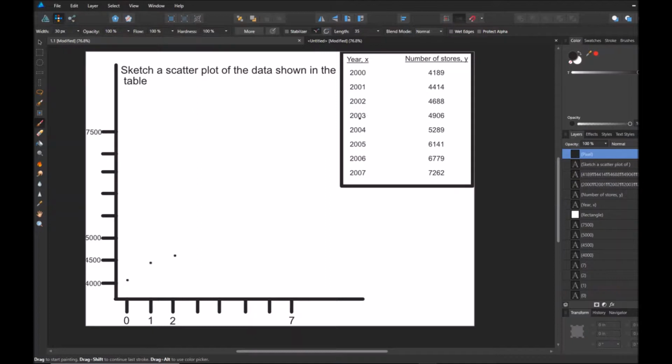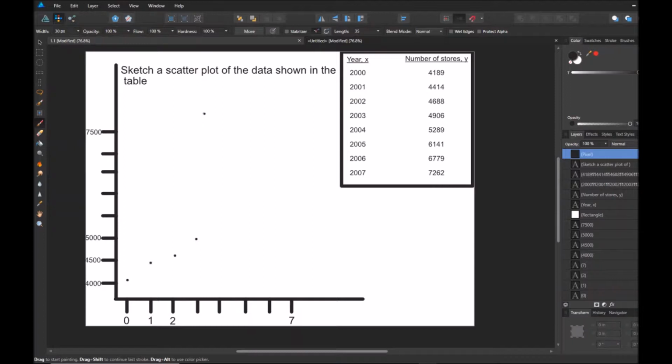Then for 2003 we have 4,906, so we go to this third peg here because that's representing 2003, and we go just below the 5,000 mark because it's almost 5,000 but not quite. And this doesn't have to be exactly perfect because it's a scatter plot.